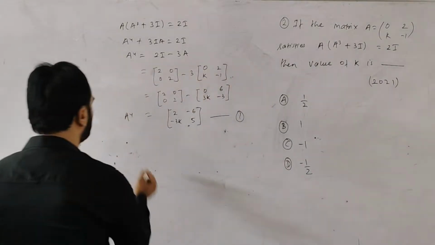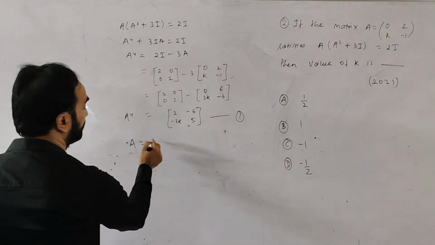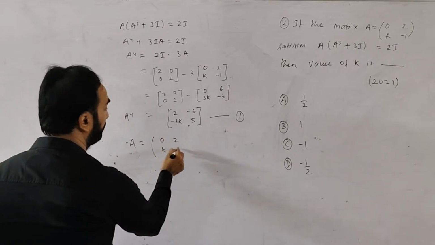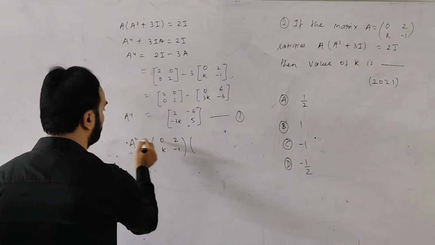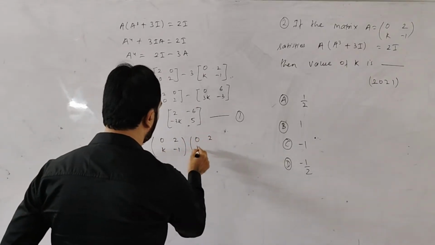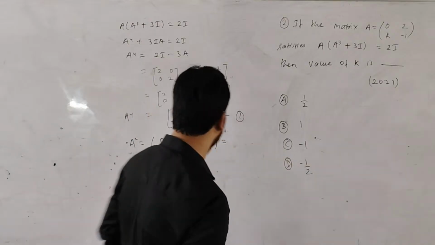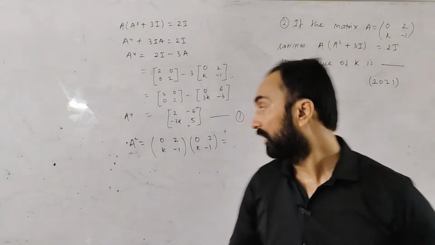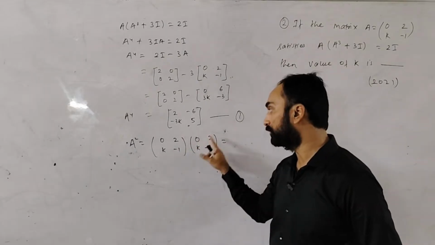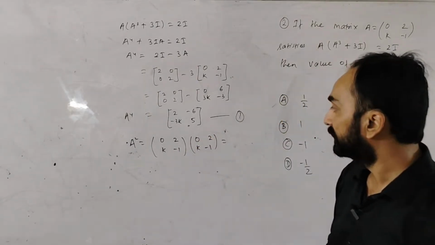So what will we do next? A is given as 0, 2, k and minus 1. I am multiplying directly so that I can get A square. I hope everybody knows how to do matrix multiplication: first row with the first column, first row with the second column, second row with the first column, and second row with the second column.